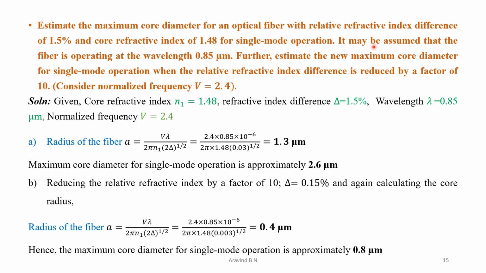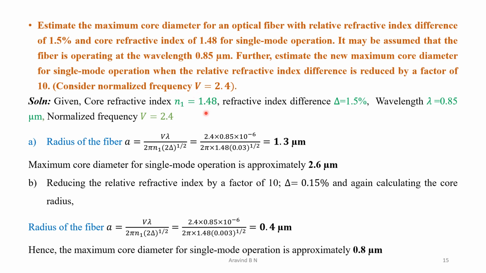It may be assumed that the fiber is operating at the wavelength of 0.85 micrometer. Further, estimate the new maximum core diameter for single mode operation when the relative index difference is reduced by a factor of 10. Consider the normalized frequency V is equal to 2.4.